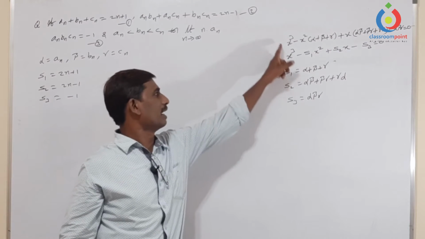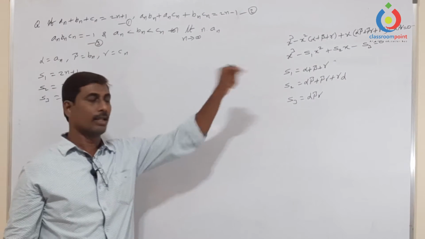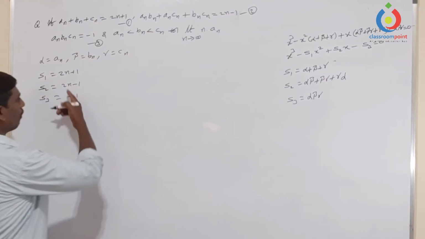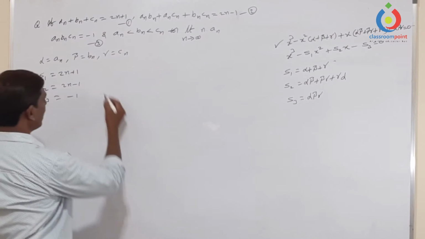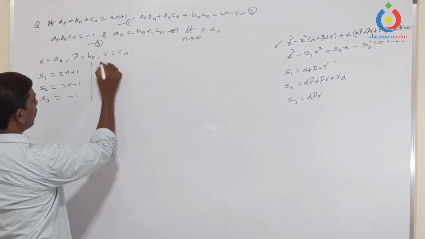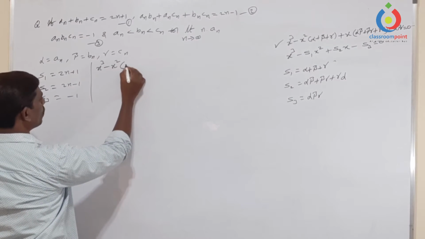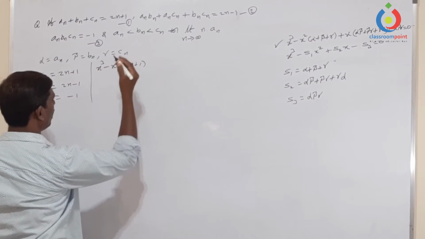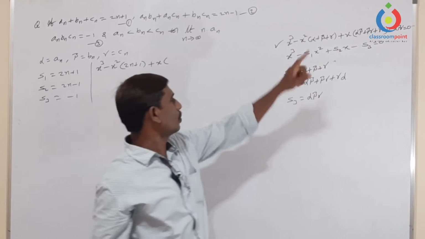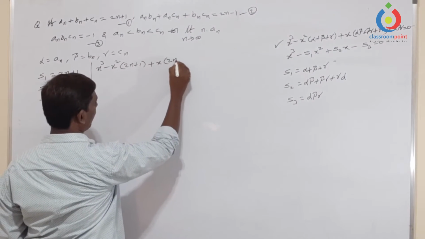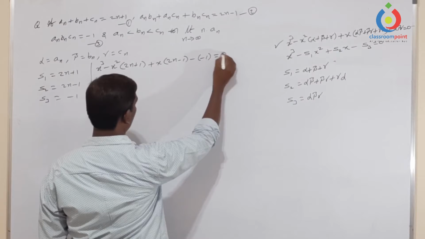This is what we have. I am preparing these values from the given information. Now apply here, then we get one cubic equation: x cube minus x square into the sum of the roots, S1, that is 2n plus 1, plus x into S2, that is 2n minus 1, next S3 minus of minus 1 is equal to 0.